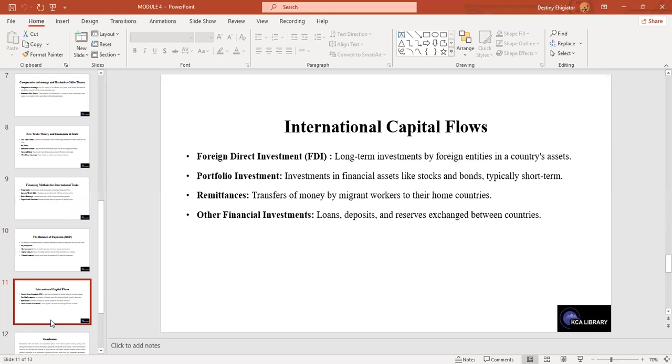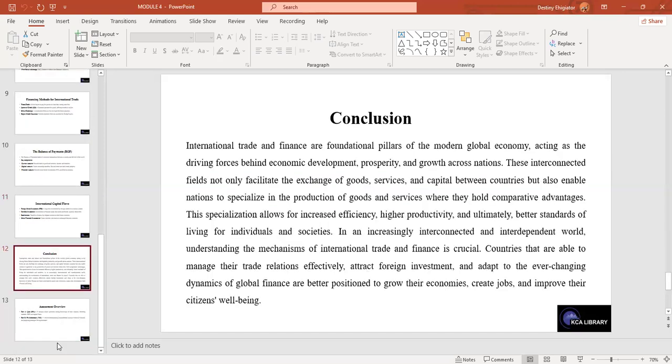Portfolio investment is investment in financial assets like stocks and bonds. This is usually short-term. Then remittance, this is transfer of money by migrant workers to their home countries. Then other financial instruments, like I said, include loans, deposits, and reserves exchanged between countries.